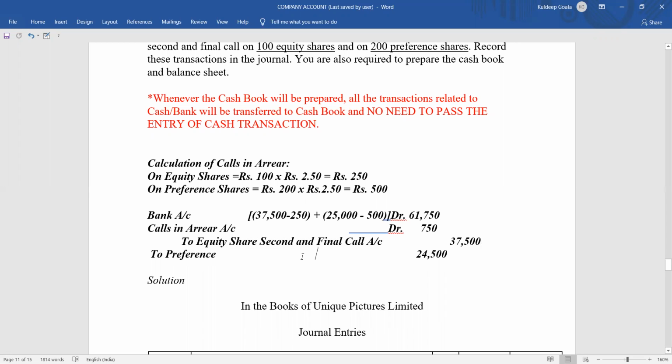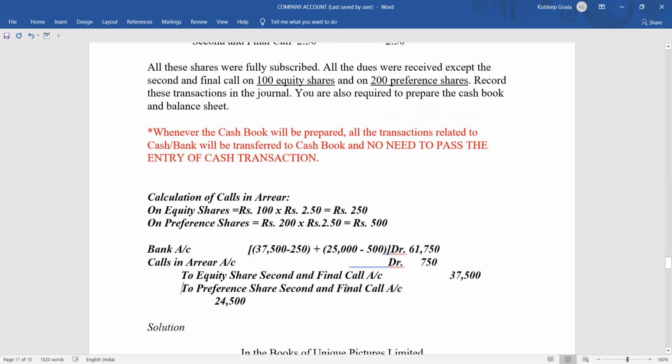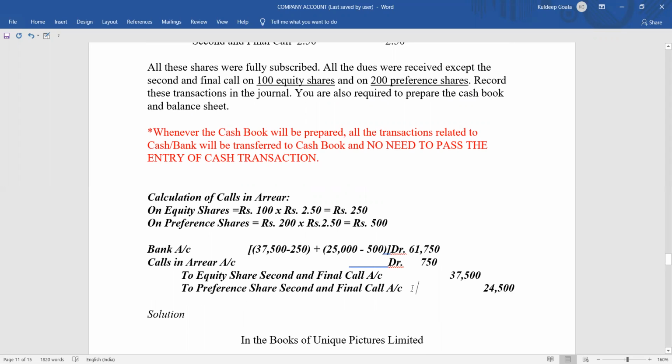Now I'm mentioning the total, correct entry. So this is how it will be placed. To preference share second and final call, 25,000 rupees. So this will be the journal entry.